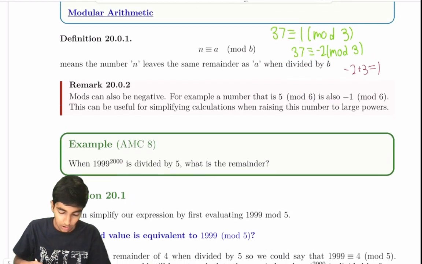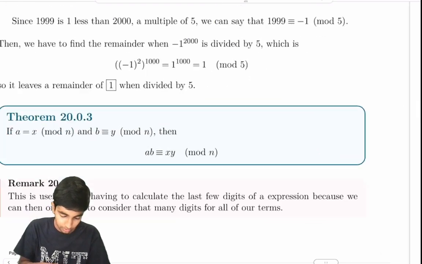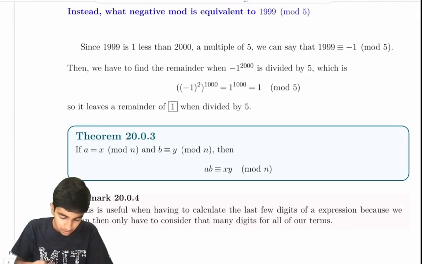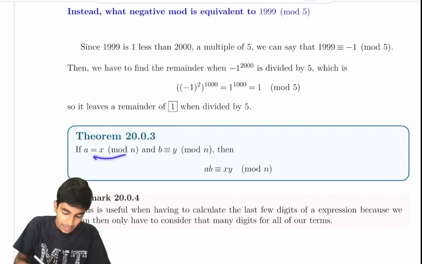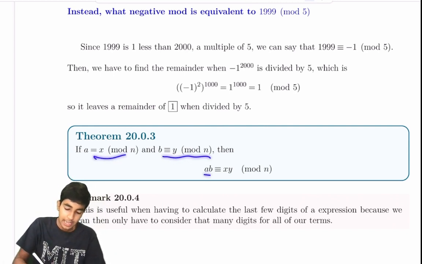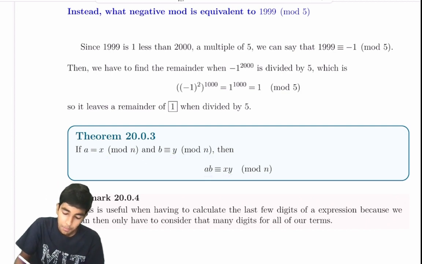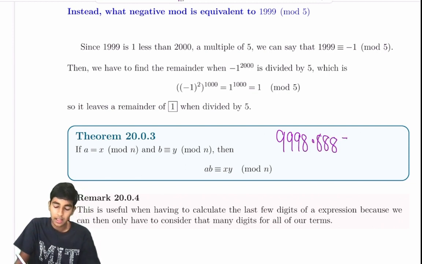Okay, so there are many useful properties and rules in modular arithmetic. The first useful rule that we have is that if a is equivalent to x mod n and b is equivalent to y mod n, then ab is equivalent to xy mod n. For example, let's say you have something like 9998 times 8887 and you're trying to find the last digit.